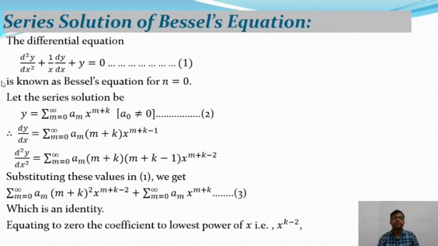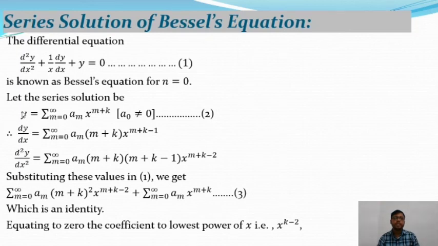Now we are going to solve it by the method of Frobenius. Let the series solution of equation 1 be y equals the summation of a_m x to the power m plus k, m from 0 to infinity, where a0 is not equal to 0, equation number 2. This is the general solution of the Bessel's equation 1.